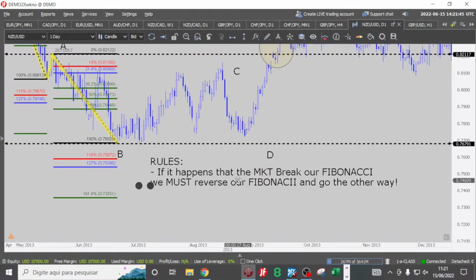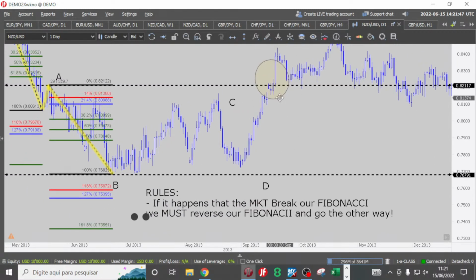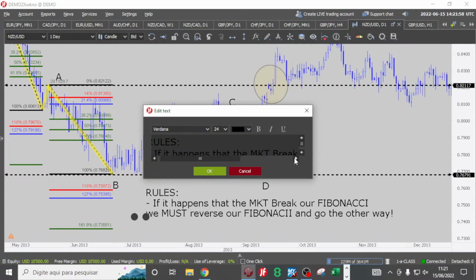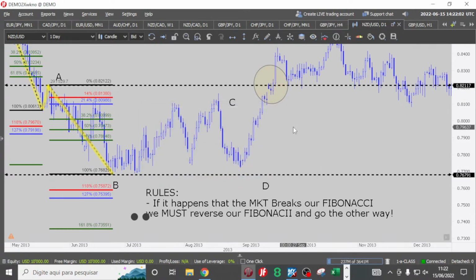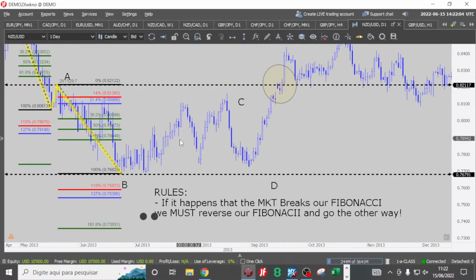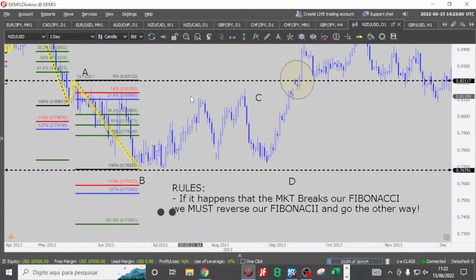Okay, everybody? If it happens that the market breaks our Fibonacci, we must reverse our Fibonacci and go the other way. English grammar, if the market breaks, there you go. Okay, so this Fibonacci is not valid anymore.